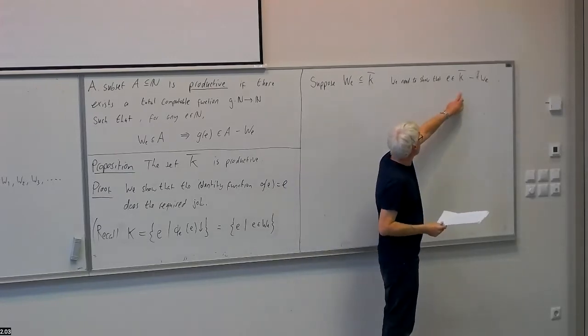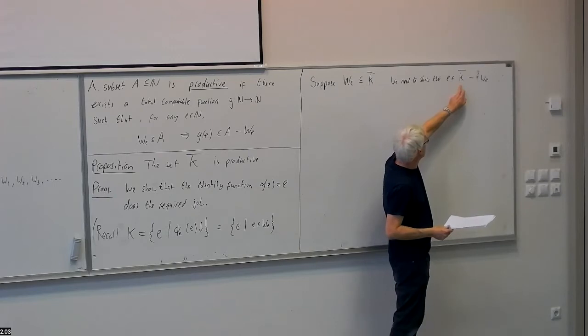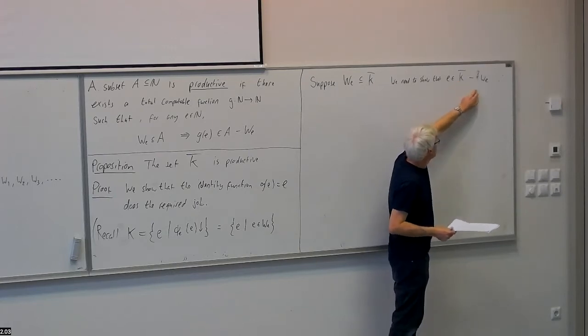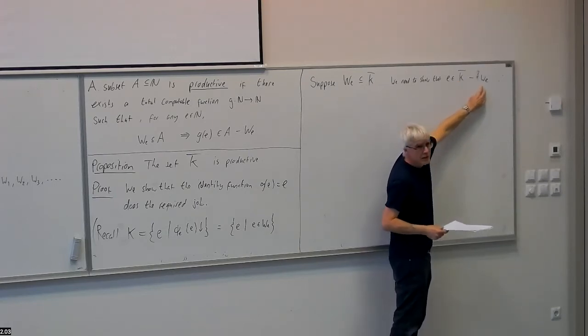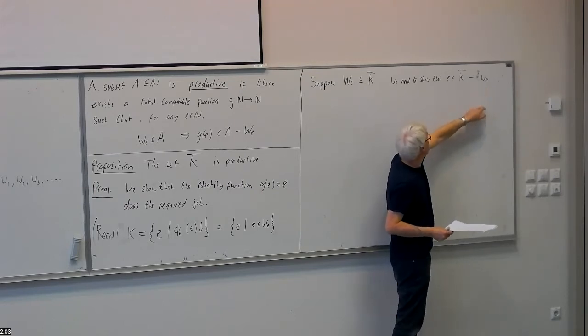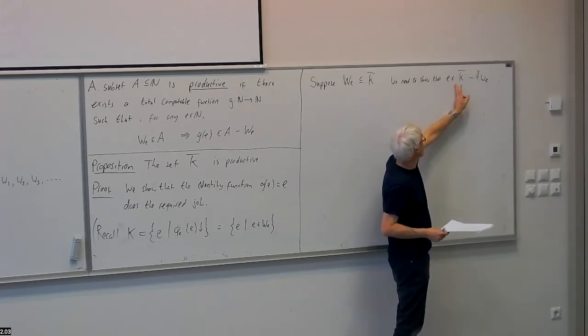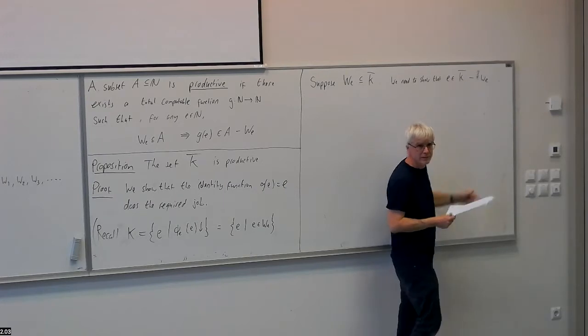So there are two things to show: that E belongs to the complement of K and that E is outside of WE.